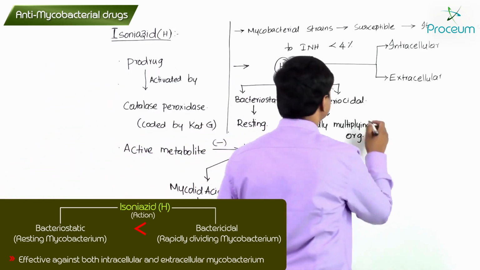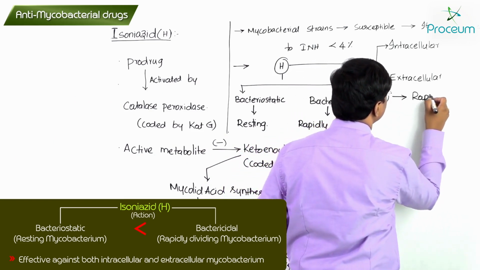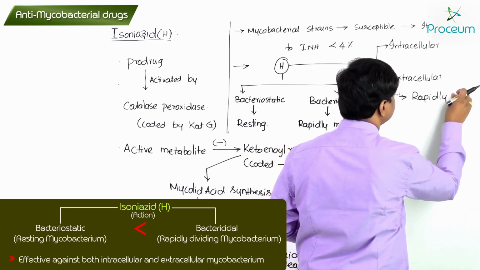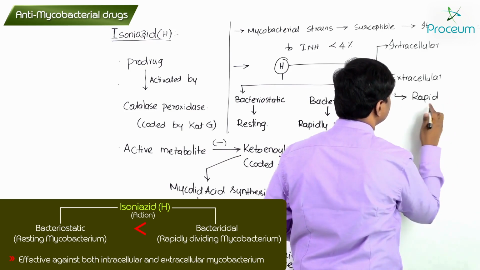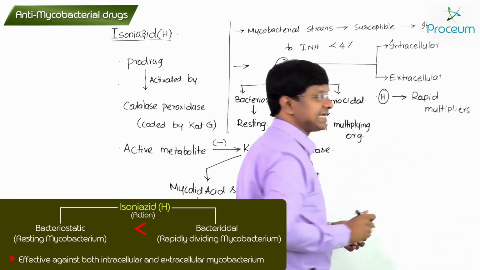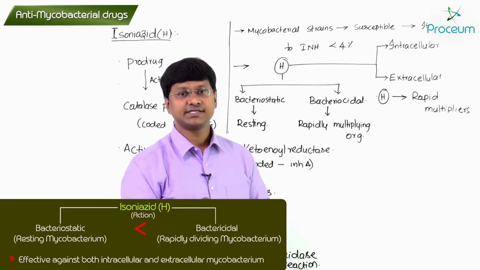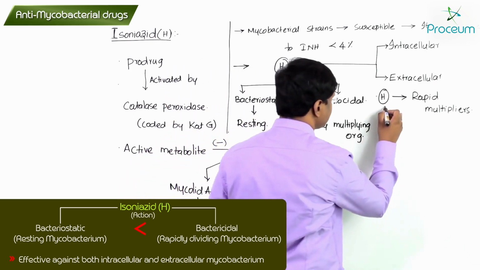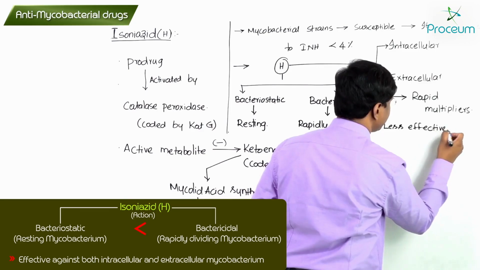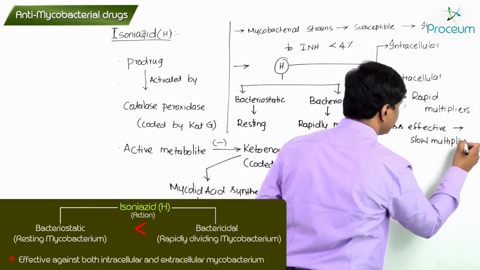It has activity against rapid multipliers, that is, rapidly multiplying bacilli, whereas isoniazid is less effective against the slow multipliers.